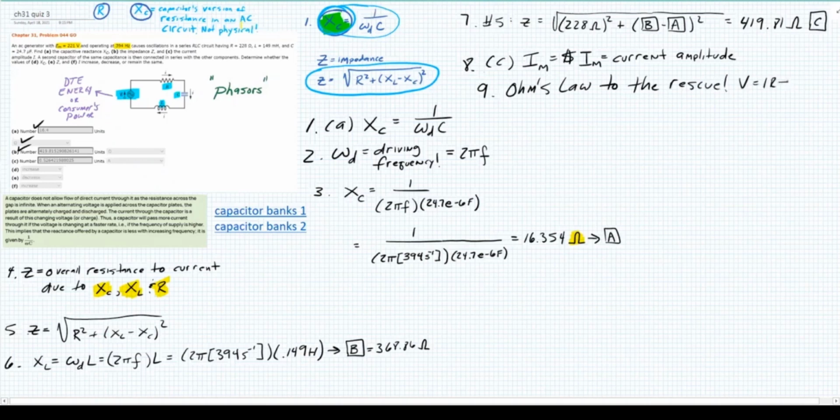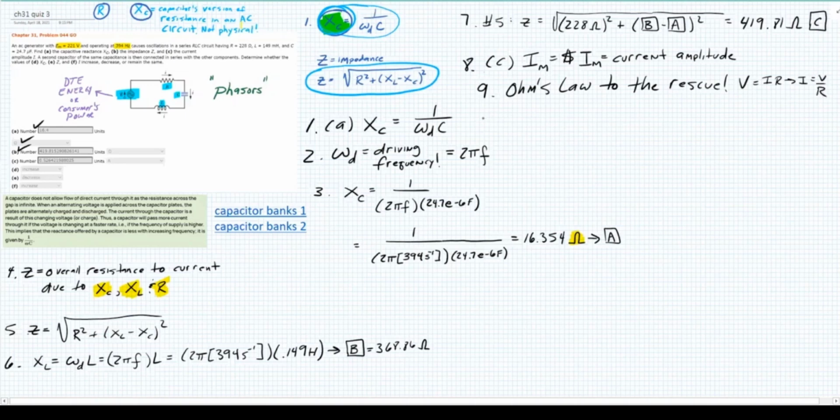If V equals IR, then I equals V over R. That's Ohm's law.